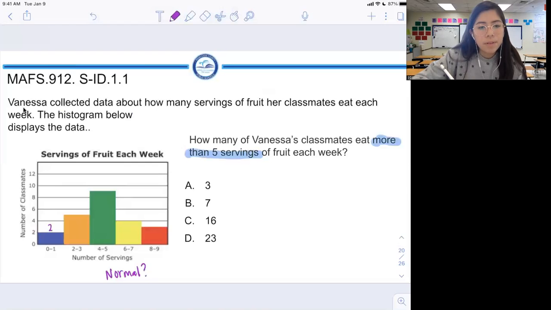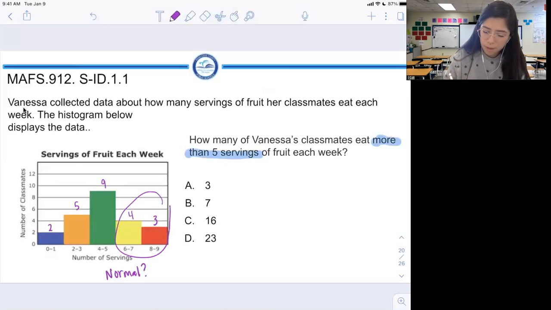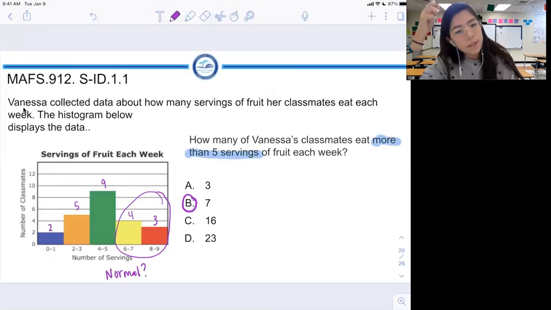How many people fit into that second bar, that orange one? 5. What about the green one? 9. 4. 3. So how many people eat more than 5? That's going to be these 2 bars. 7 people. Questions on that?